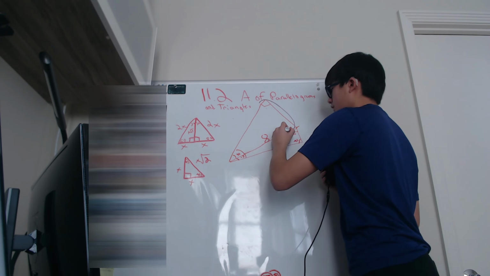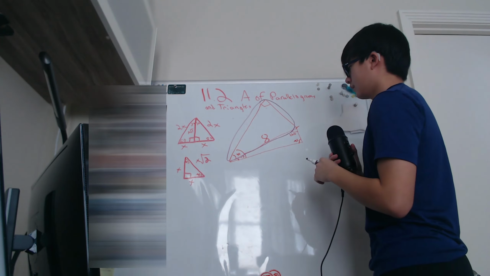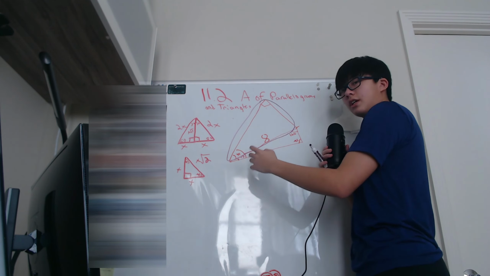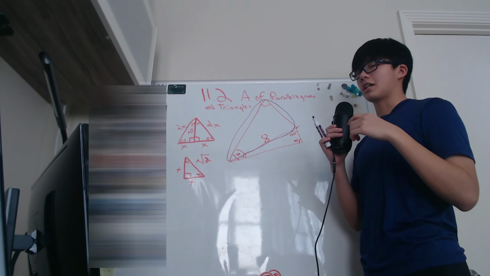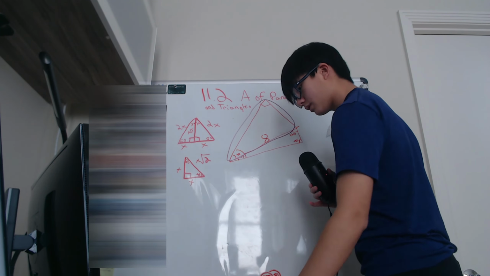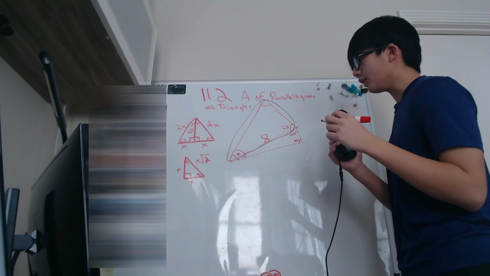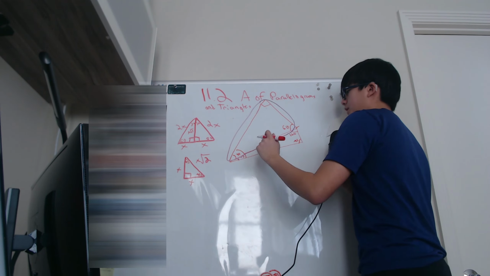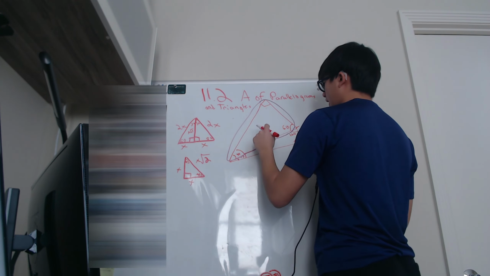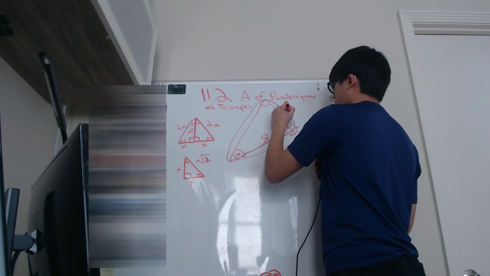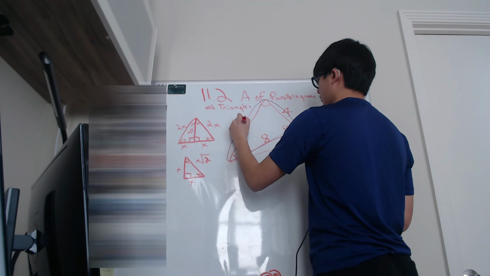If one angle is 30 and the other is 90, the last angle will have to be 60. So we know this angle right here is 60. And once again, the side opposite 30 will always be half the hypotenuse, so we know this side is 4, which means that this side will have to be 4 root 3.